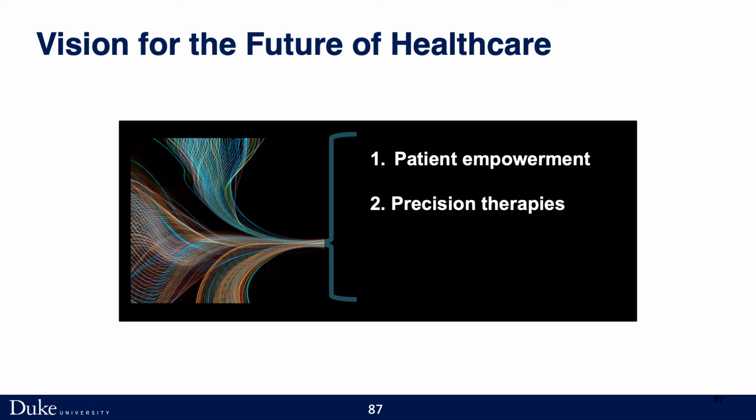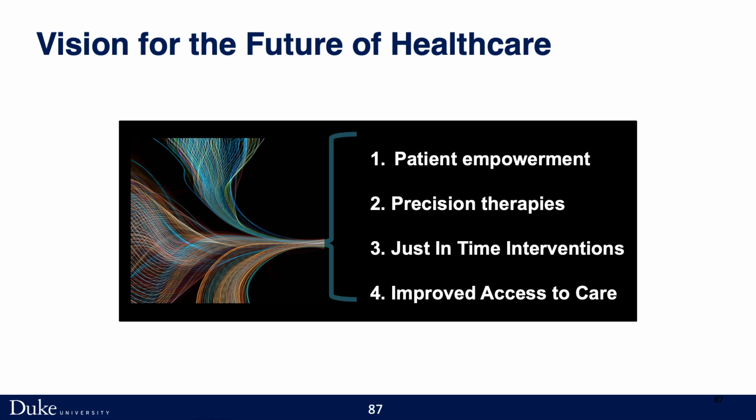We also want to use this to develop precision therapies so that we know what is right for an individual person based on their own physiology, their own habits, and what their own needs are. And part of that is developing just-in-time adaptive interventions that get to the person right at the time that they're needed based on this contextual monitoring.